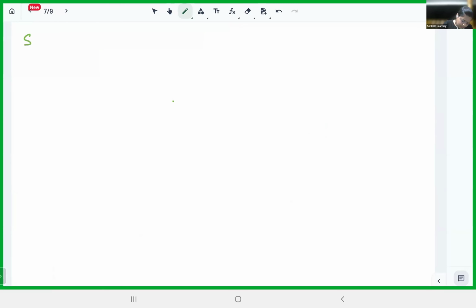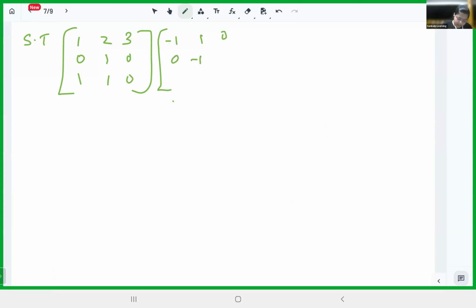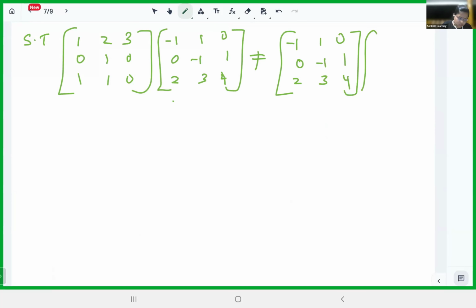Fourth question is show that matrix 1, 2, 3, 0, 1, 0, 1, 1, 0, into minus 1, 1, 0, 0 minus 1, 1, 2, 3, 4 is not equal to minus 1, 0, then 0 minus 1, 1, 2, 3, 4 into 1, 2, 3, 0, 1, 0, then 1, 1, 0.